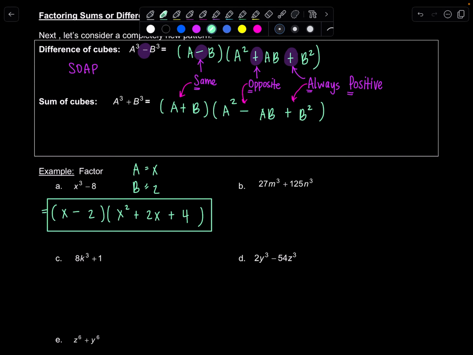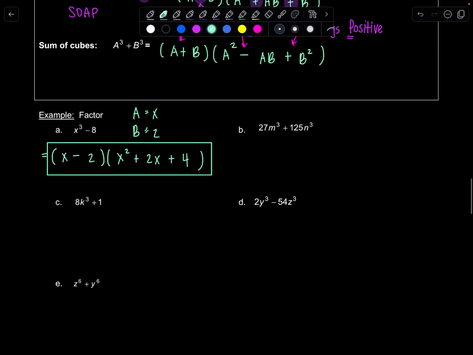Okay, 27m cubed plus 125n cubed. So a is 3m. Just take the cube root to determine a. And then b, take the cube root, it would be 5n. So set your parentheses up first. Same, opposite, always positive. A, b.